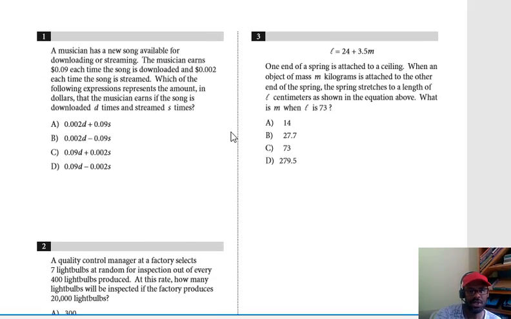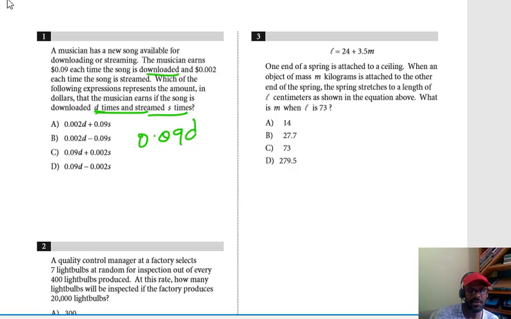So the musician has a new song available for downloading or streaming. So we have two cases, downloading and streaming. And the musician earns this much each time the song is downloaded. Okay, so 0.09 for D downloading. I think they use D times.